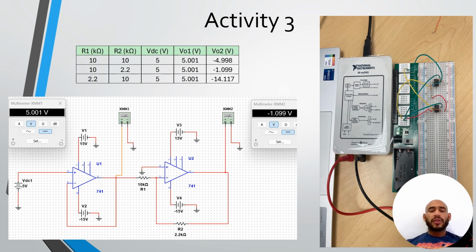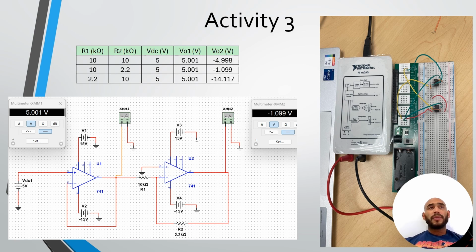For the second condition, R1 is going to be greater than R2, and R2 is the resistance of the negative feedback. If the resistor of the negative feedback is less than R1, what we obtain is that the second voltage is going to decrease.